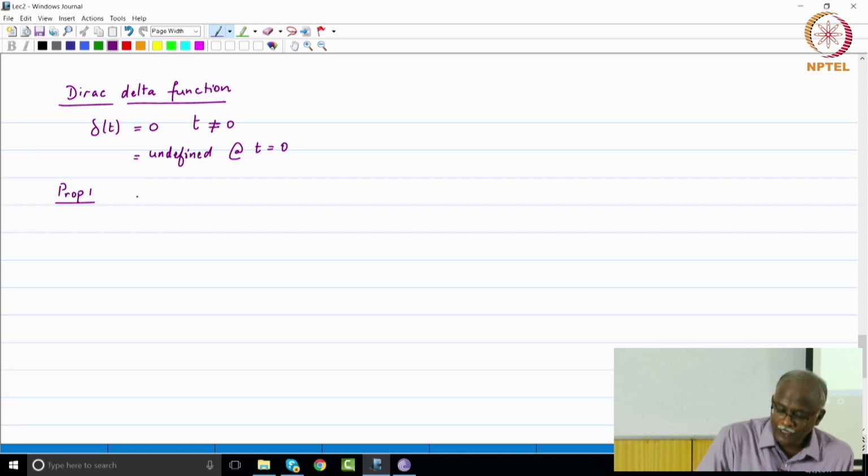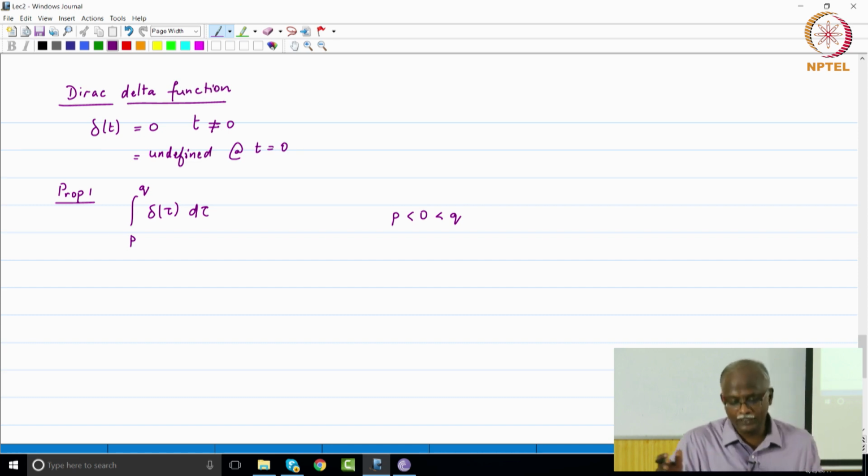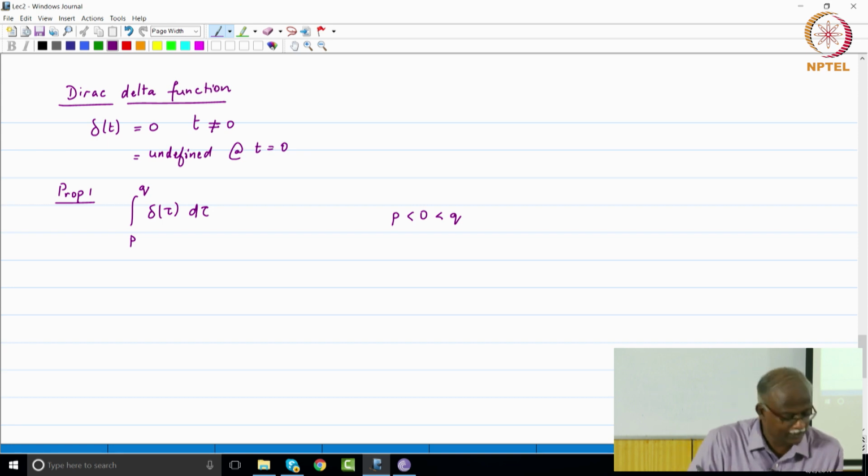So, the area property, or property number 1: if I integrate from p to q delta of tau d tau, that is, I integrate the Dirac delta where p and q are on alternate sides of the origin, assuming that the period of integration is on either side of where the delta actually occurs, then this is equal to 1. Okay.